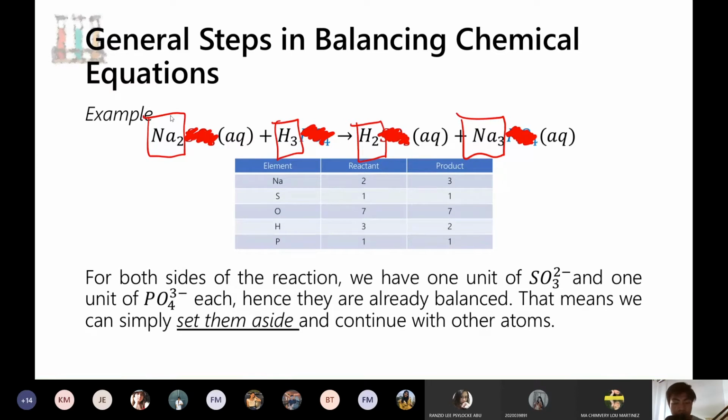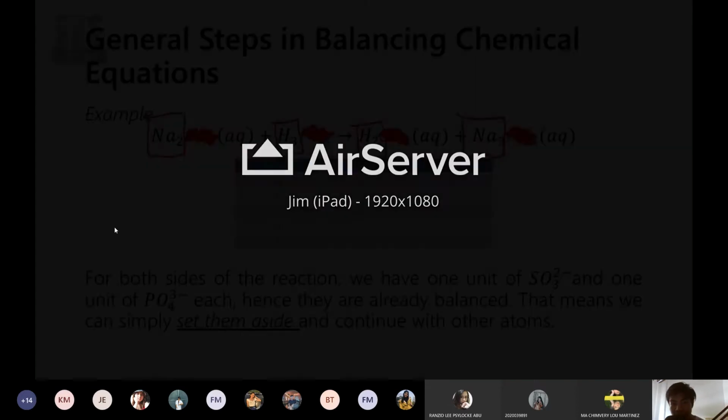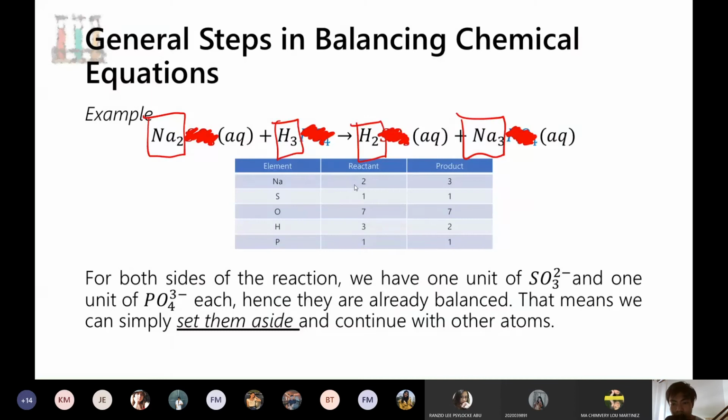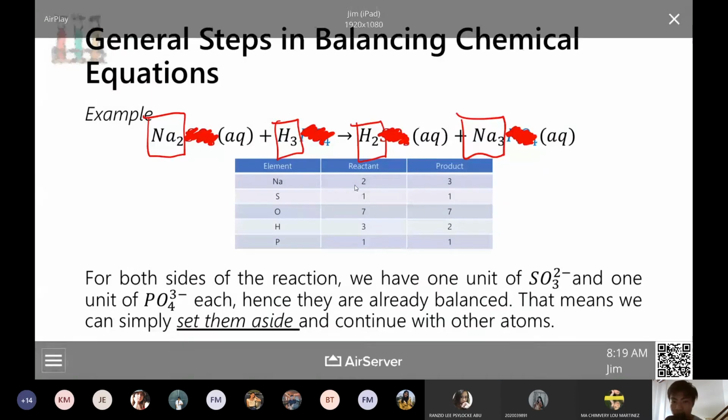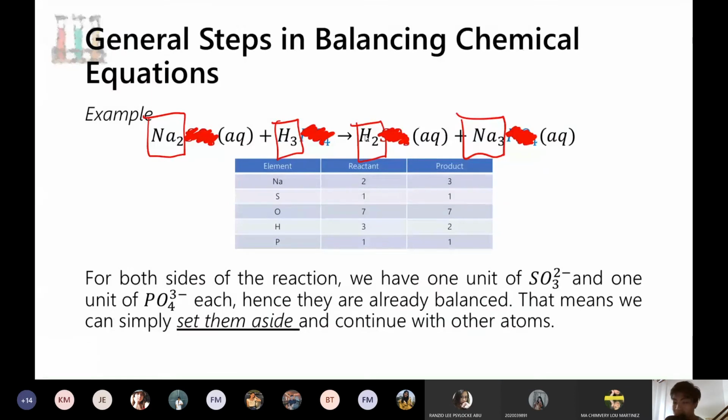Okay. So, let's take a look at sodium. So, on the reactant side, we have 2 sodium atoms here. On the product side, we have 3 sodium atoms. No? So, what would be the best multiple? Ano yung best multiple ng 2 and 3?